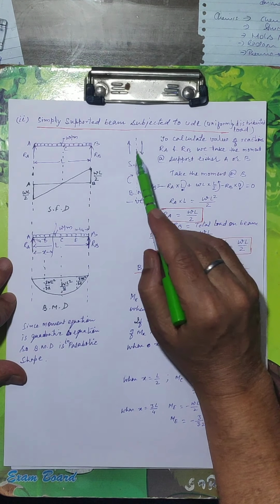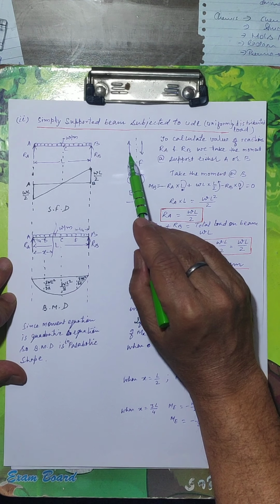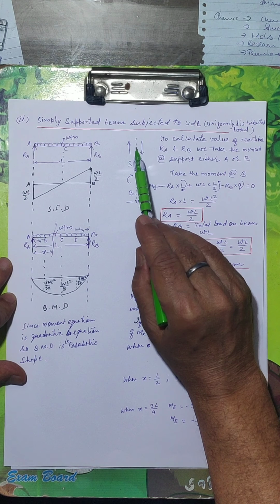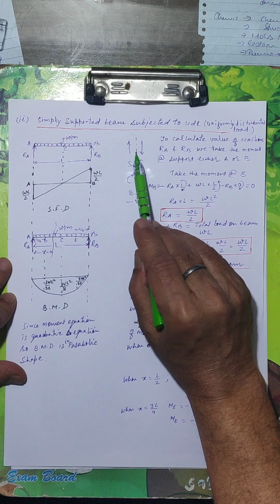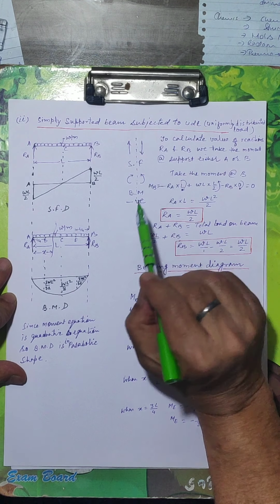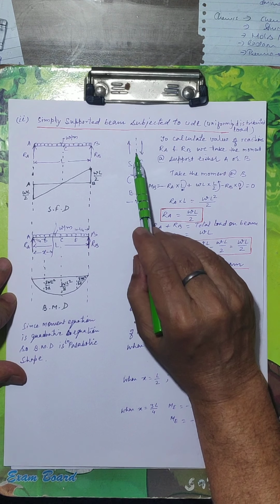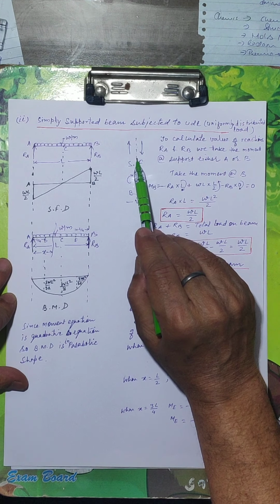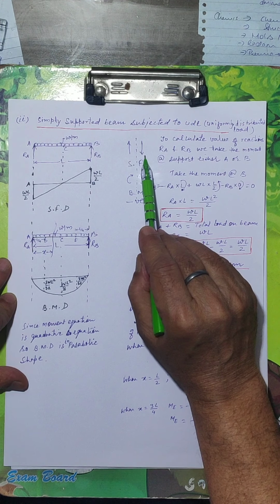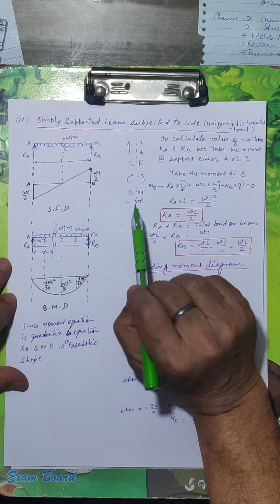Shear force, if the shear force is upward and it is left to the section, then it would be taken as negative. If shear force is downward and it is right of the section, it will be taken as negative.